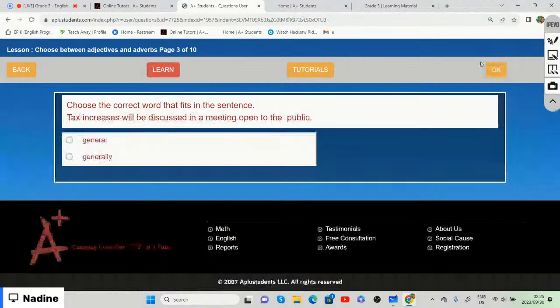Tax increases will be discussed in a meeting open to the public. Is it the general public or the generally public? We need to choose the correct one.